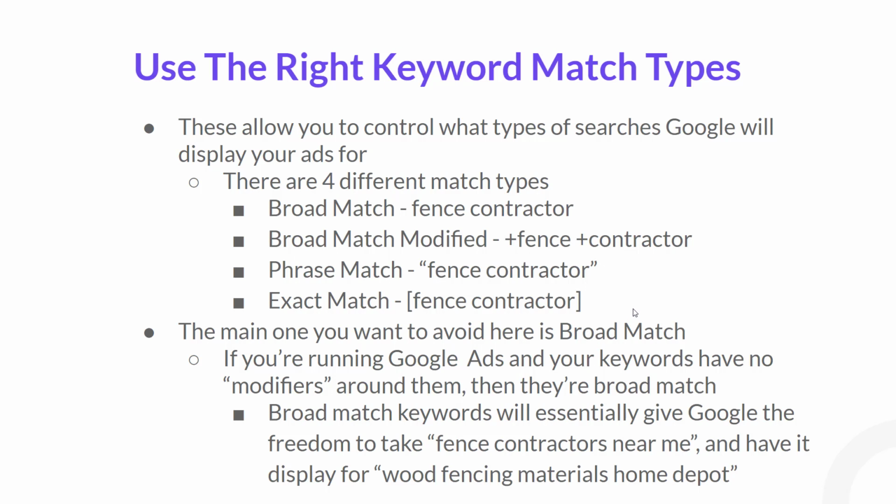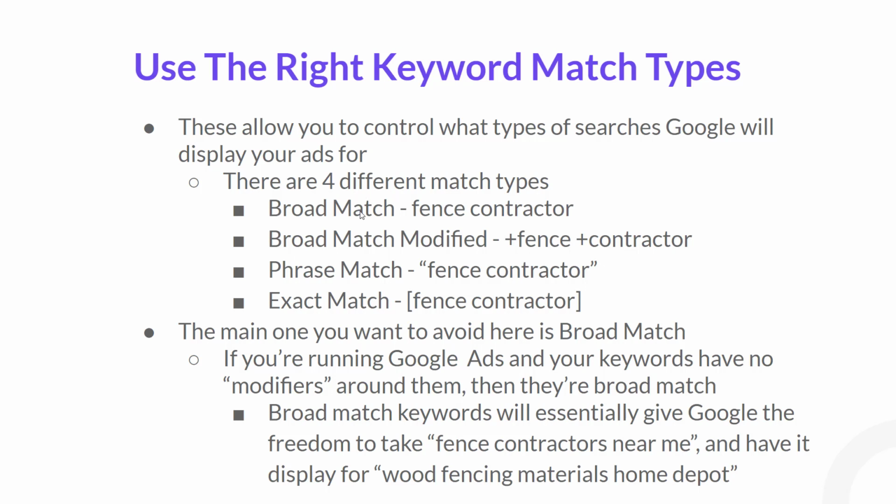At a really, really basic level, because I don't want to spend too much time going through these, broad match. I usually advise avoiding broad match, because essentially Google will show your ad for this search term, but they'll also show it for very related, kind of related things in the same niche. Like if you're bidding on fence contractor, Google could end up showing your ad for fencing materials from Home Depot or something like that. Some kind of random but sort of related search in the same niche.